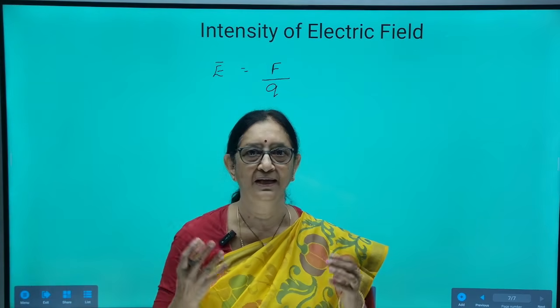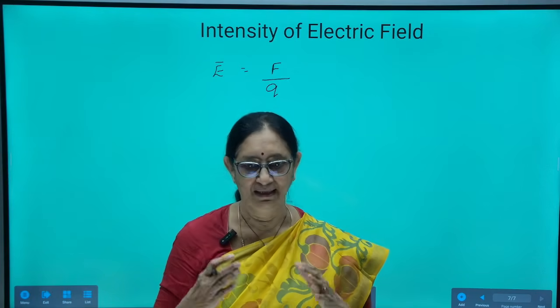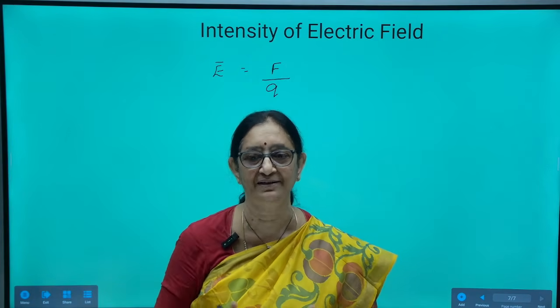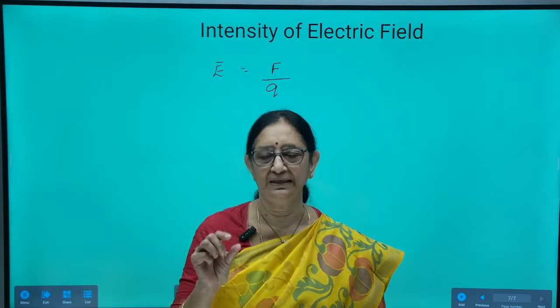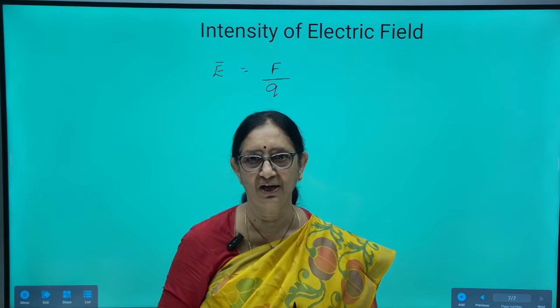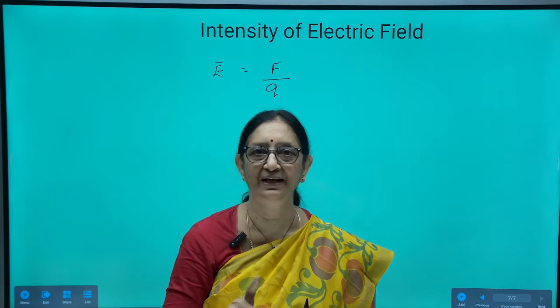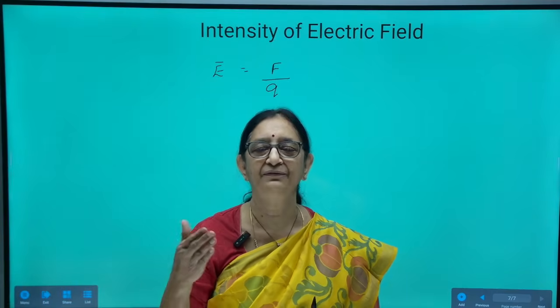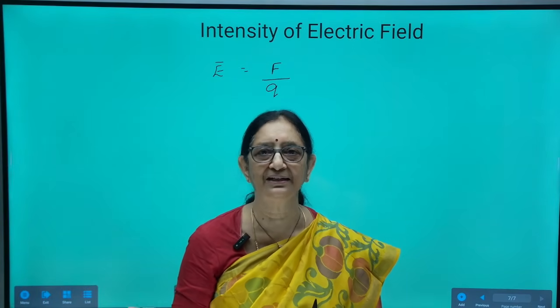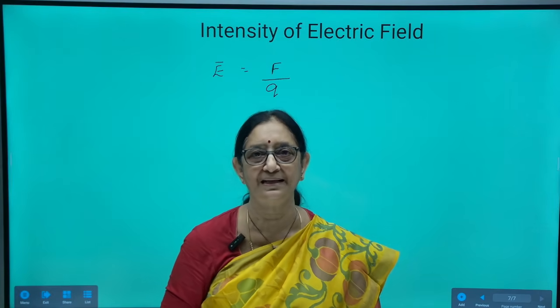You have to imagine an electric field right in front of you. Suppose I place a unit positive charge, that positive charge definitely moves in the electric field with some acceleration. If the charge is moving with acceleration, that means it is experiencing some force.